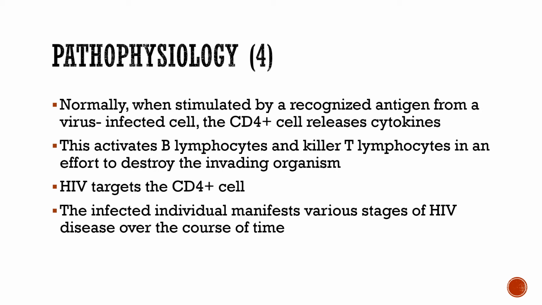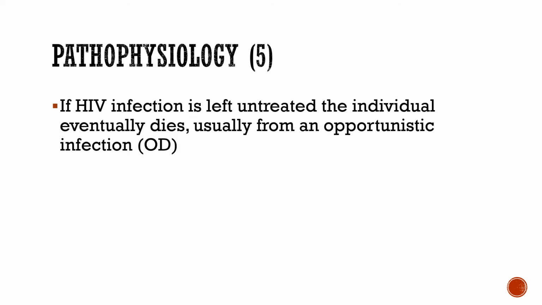The infected individual will manifest various stages of HIV disease over the course of time because that HIV has targeted that CD4 cell. If HIV infection is left untreated, the individual will eventually pass, usually from an opportunistic infection, otherwise known as an OI.